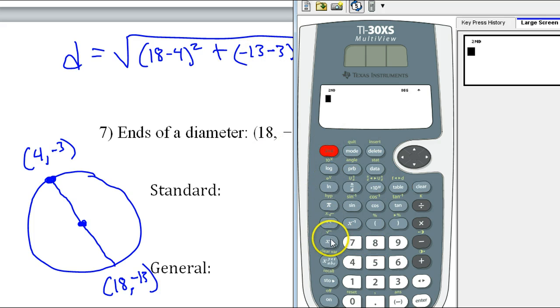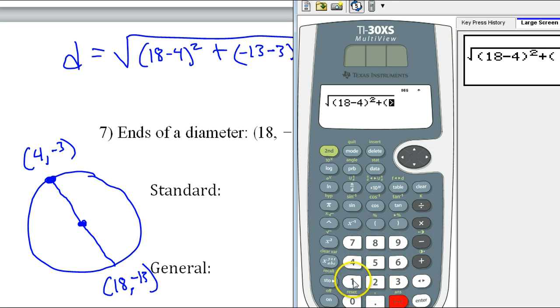So I've got the square root of 18 minus 4 squared plus negative 13 minus 3 squared. Okay, so that's 2 radical 113.